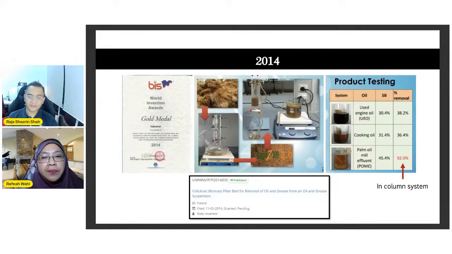This is the second generation of our Sago Zob. The one in 2013 is the first generation, which we used like a pillow, an oil spill kit. This time we use a column, in the form of a cellulosic bed filter.